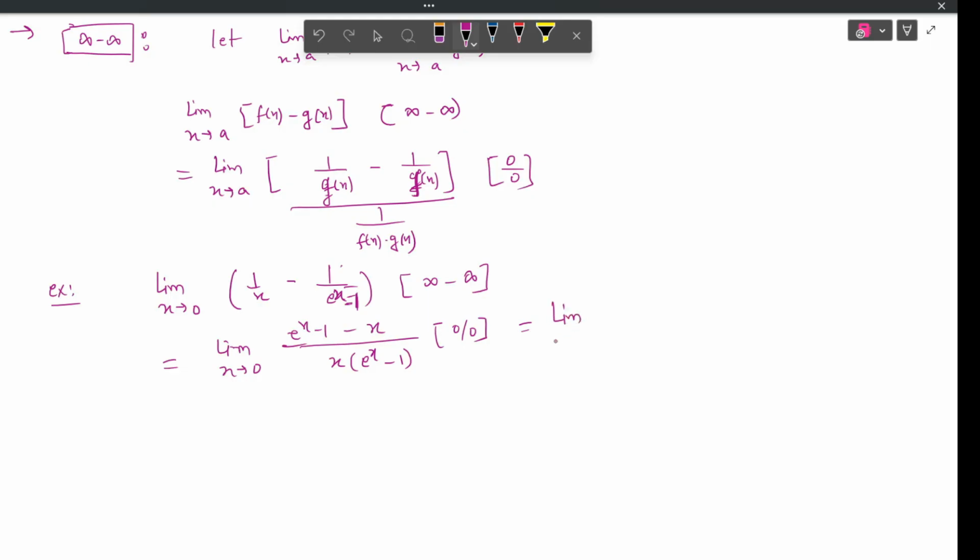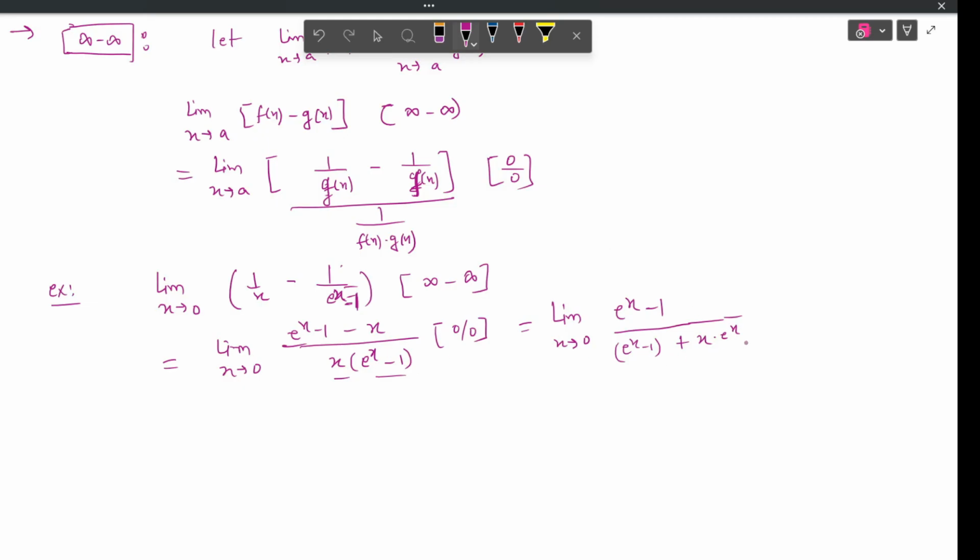So you will get limit x tends to 0. Differentiation of e to the power x is e to the power x. Differentiation of 1 is 0 and differentiation of x is 1. And if you take u into v rule, so if we take e to the power x minus 1, then differentiation of x is 1, plus if you take x, then differentiation of e to the power x is e to the power x, differentiation of 1 is 0.